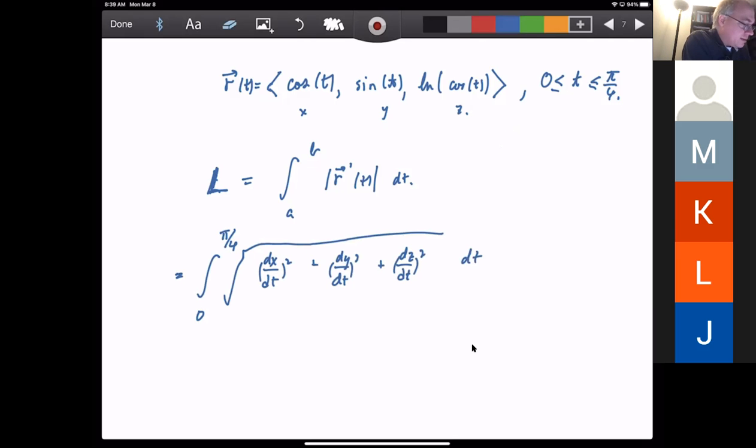All right, so dx dt is the derivative of cosine with respect to t, which would be minus the sine. dy dt, derivative of sine with respect to t, would be cosine. dz by dt: if I take the derivative of natural log of cosine, I have to use the chain rule, and the derivative of cosine is minus the sine.